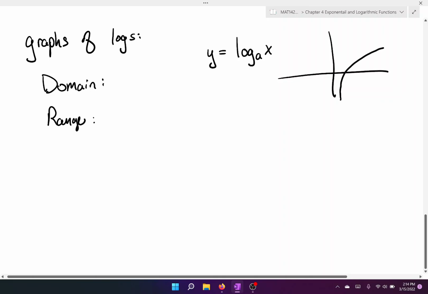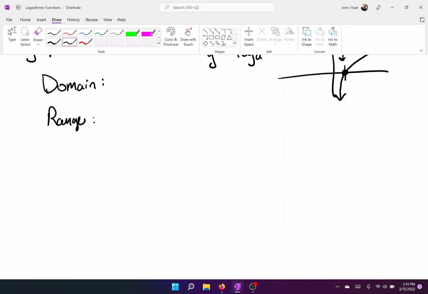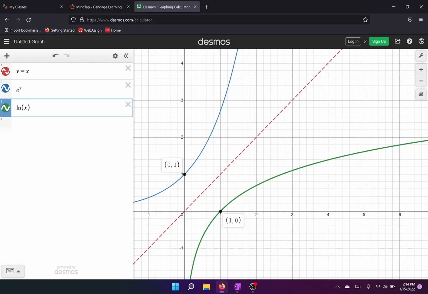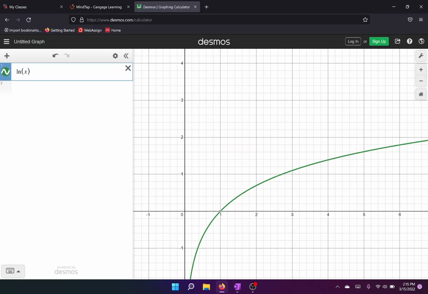So we have a defining point, which is our x-intercept, 1, 0. And let me change my marker here. This line, x equals 0, is going to be that asymptote that is similar to the e to the x one. So what I'm going to do here, just to make our lives a little bit easier, is go ahead and graph a couple logs just to show you how they work.